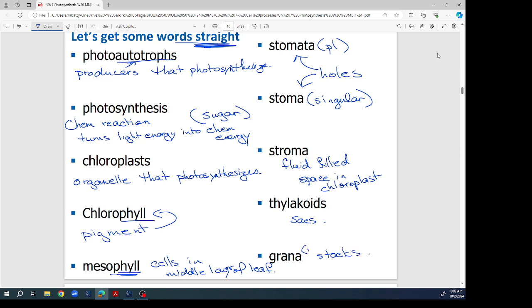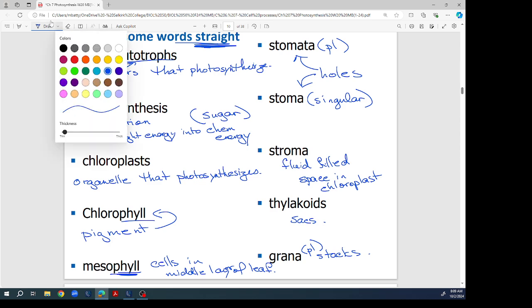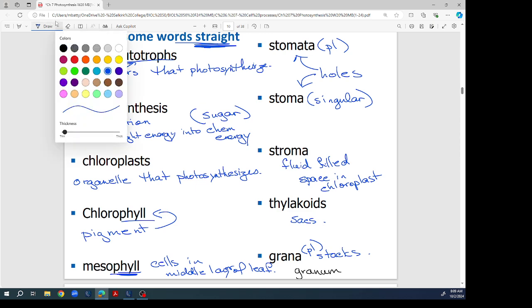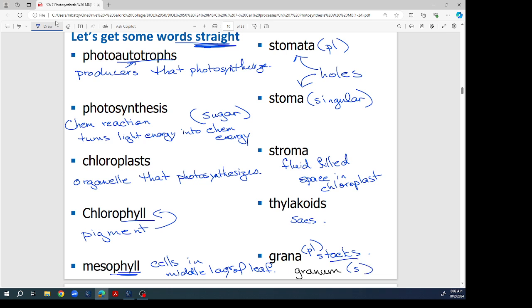So this is plural. Singular is a granum. So we could honestly add another word here. Granum is the singular of those stacks of sacs. If you want, you could draw little pictures here too, if that helps keep things straight for you.